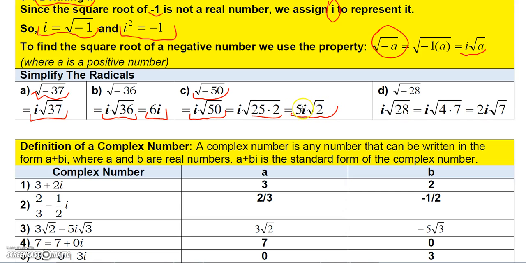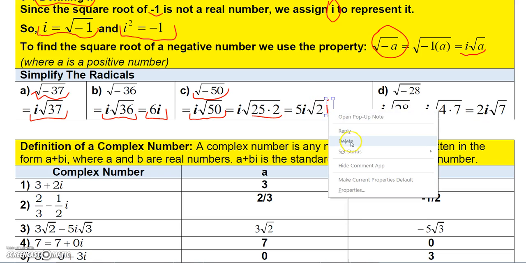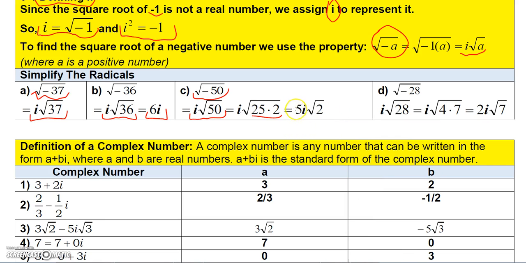So notice here I wrote the i to the right of the whole number 5, but I wrote it to the left of the square root. The reason that we do that is because if you had written the i over here, it's easy for the i to mistakenly get put inside the radical, and of course we don't want the i inside the radical. So 5i square root of 2 is your answer there.